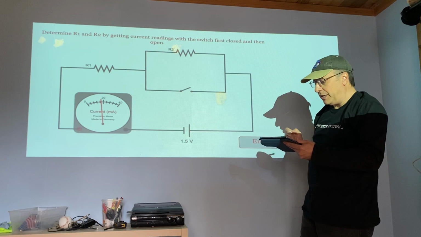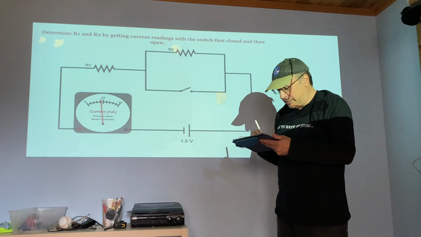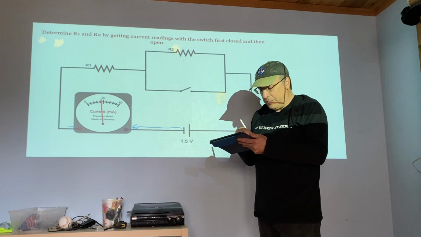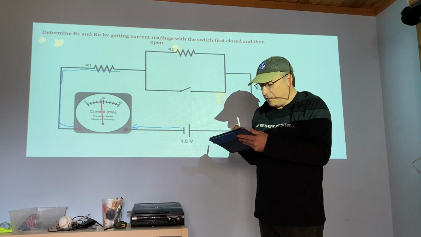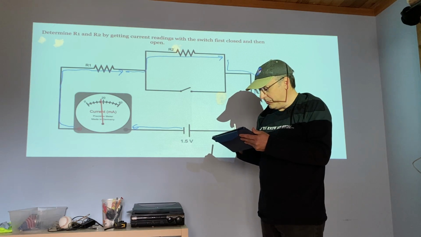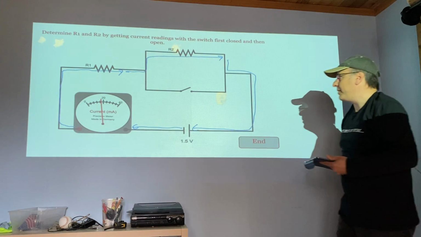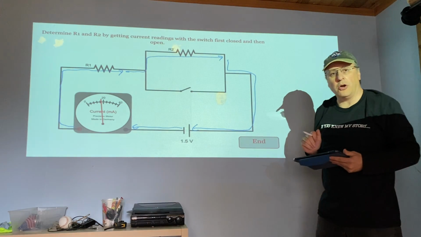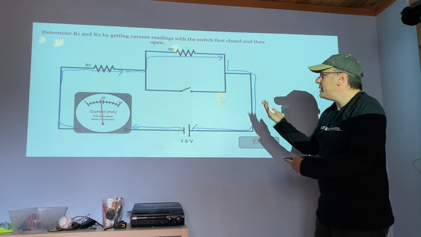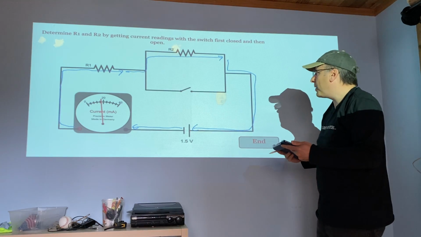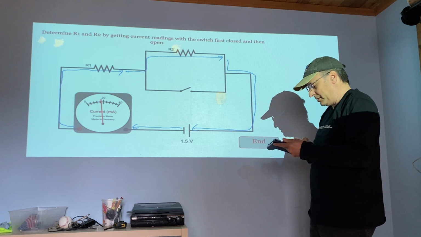So, in this configuration, hopefully you can see that you're going to have current come out of the battery, go through the meter and get counted, flow through R1, flow through R2, and go back to the battery. Nothing will flow through this bottom path because of the open switch. So it's simply a series circuit. You guys should have no problem with a circuit like this.